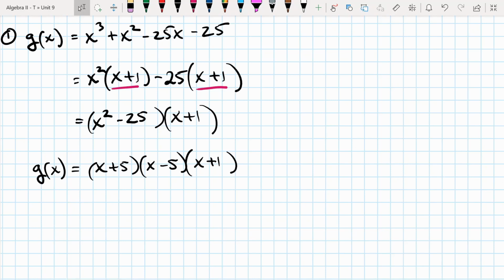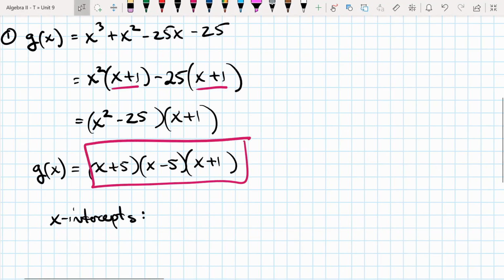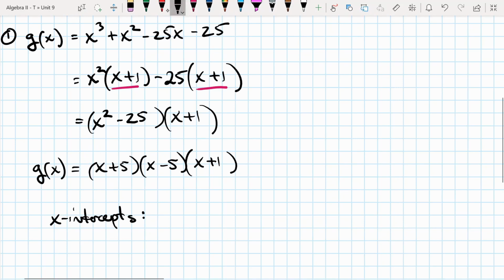The reason why we want to factor this is that the usefulness of having polynomial factors is it's easy to identify the x-intercepts. The x-intercepts here are going to be the values of x that cause this whole term to become 0. And there are 3 of them here.